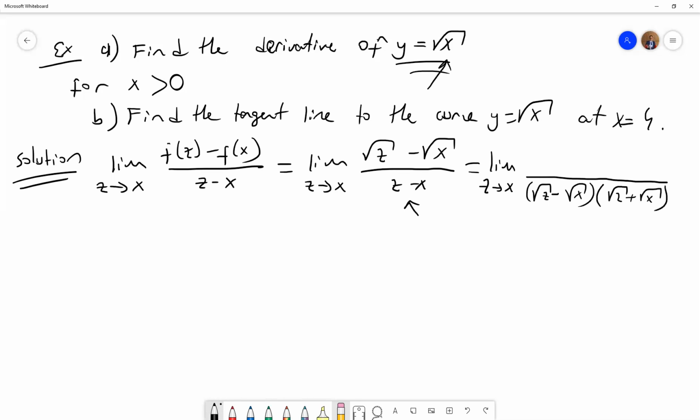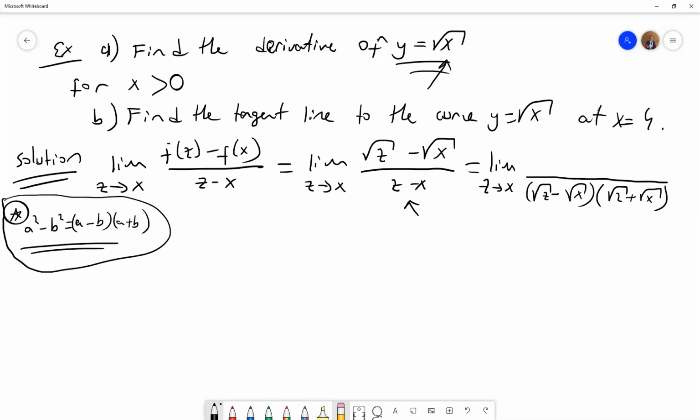How can we write this one? You know that this one is equal to a minus b times a plus b, so we use this one here. So finally, this one is okay, and limit z goes to x.